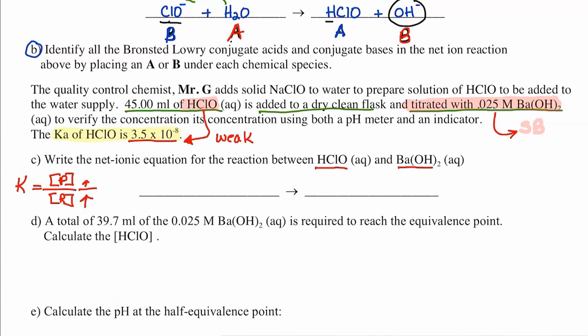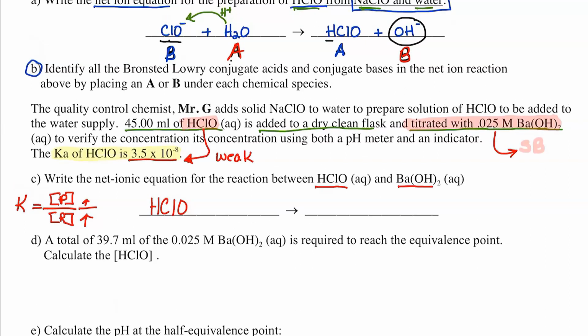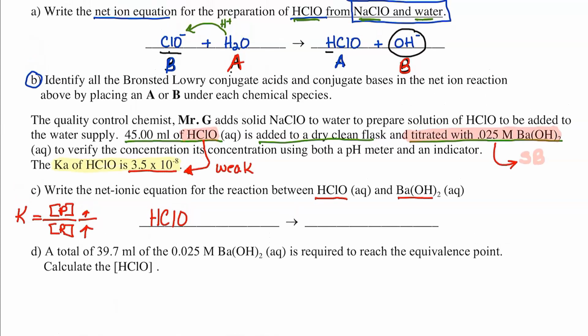So I'm going to write HClO and keep that entire acid together. I do not write it as H plus and ClO minus. I did break apart the ClO before because that was sodium ClO. And anytime you've got a group 1 ion, it's soluble.